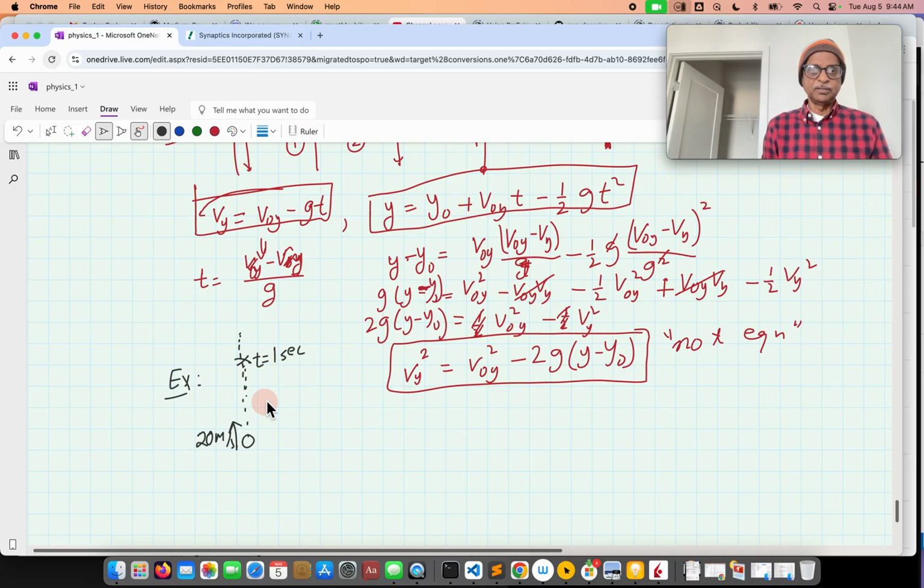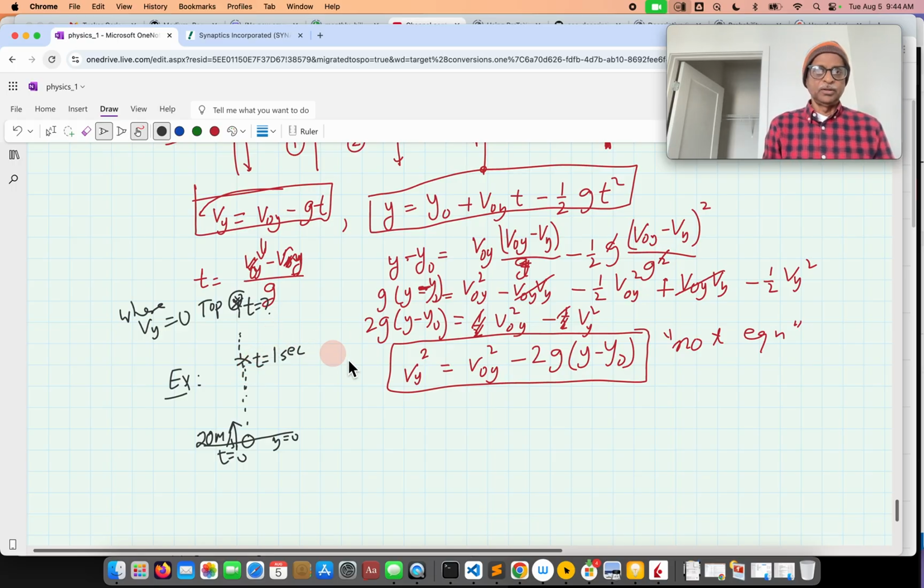What is it, if this was y equal to 0 initially, t equal to 0, at 1 second? Another question will be, what is t when it gets all the way to the top, where Vy has to be 0 because it will come to rest before turning back.